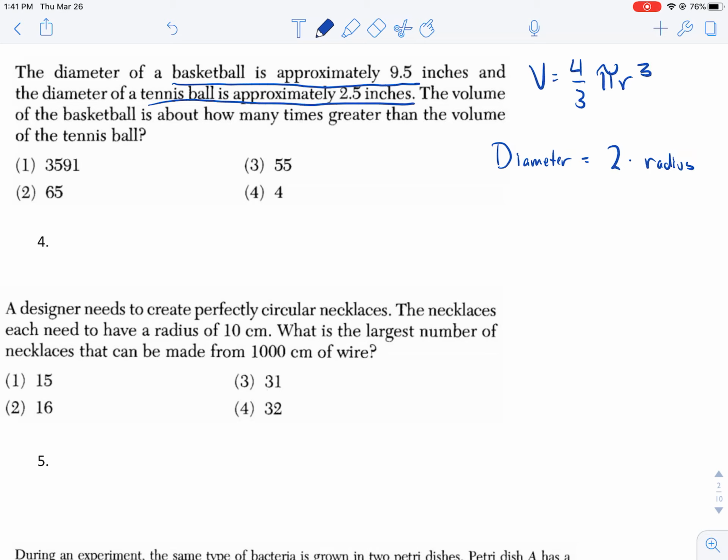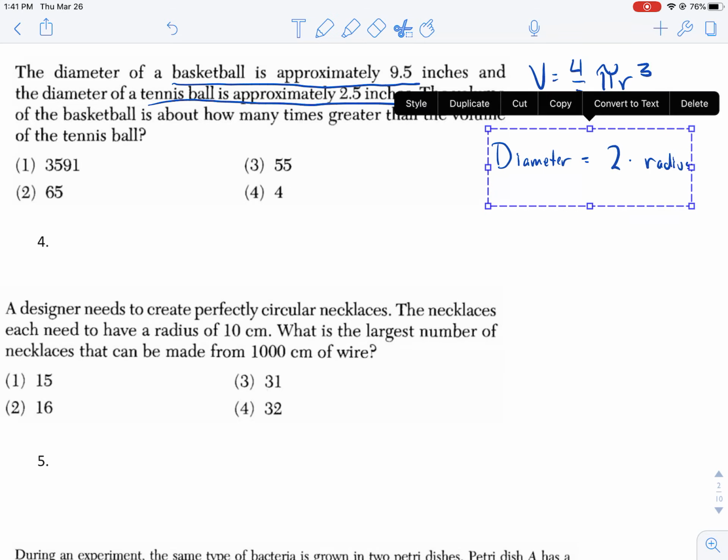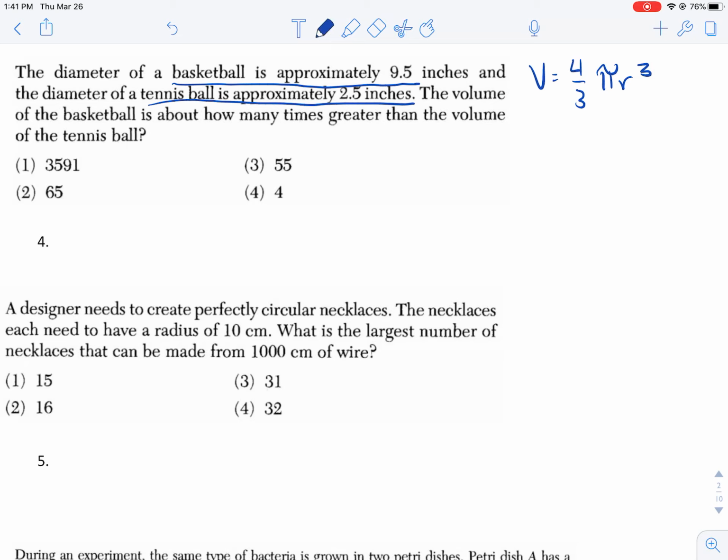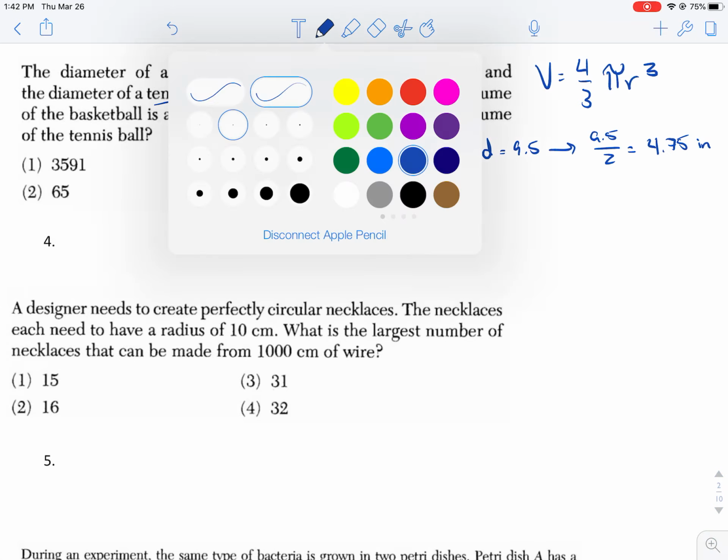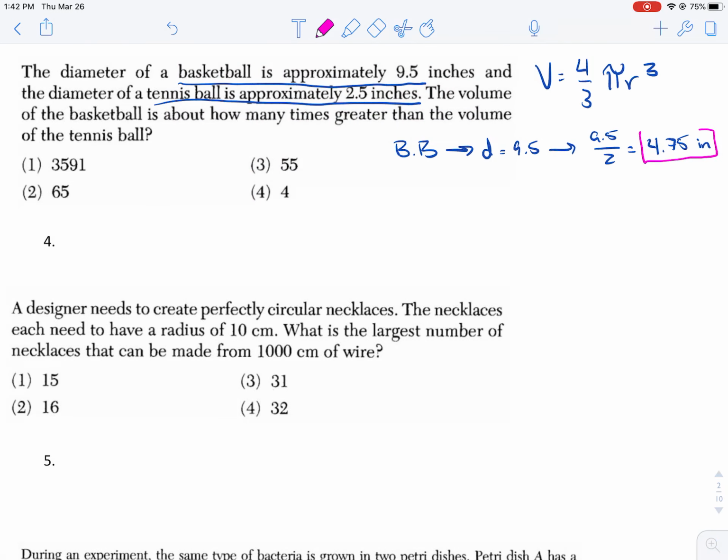So our basketball has a diameter of 9.5. 9.5 divided by 2, and you get 4.75 inches. Okay, so that is the radius of our basketball.